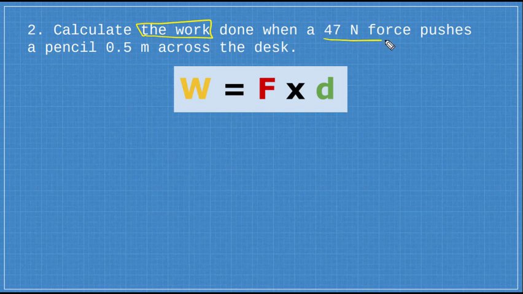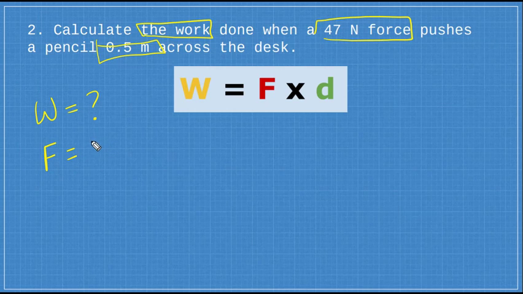It tells me that I have a force of 47 newtons, and it's traveling a distance of 0.5 meters. So I'm trying to find work. I know that my force is 47 newtons, and the distance that that pencil travels is 0.5 meters.